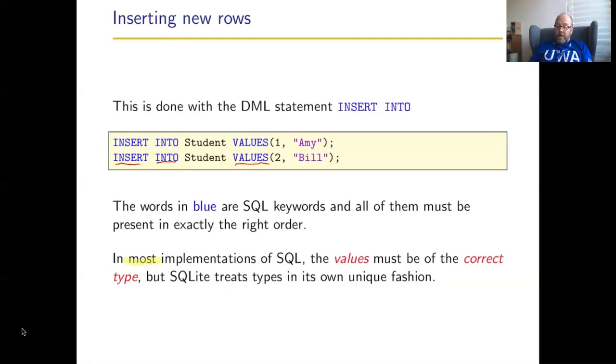So in other words, the implementation will actually check that this is a number, and will check that this is a string, some textual data. SQLite doesn't do that. SQLite treats types in a very idiosyncratic, strange fashion. I will explain in detail what SQLite does, but for your future use of other SQL implementations, you can assume that the values entered into the table must be the right type of thing.